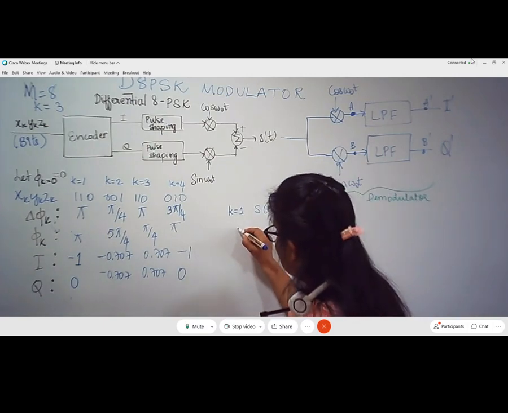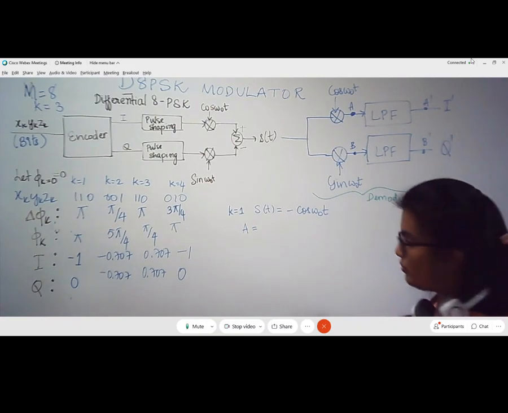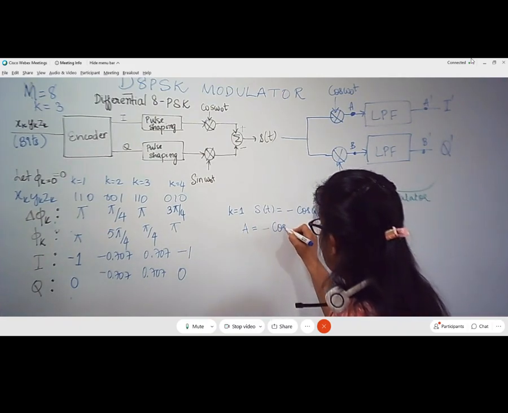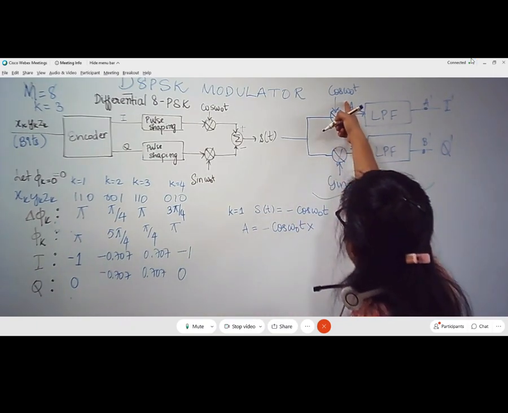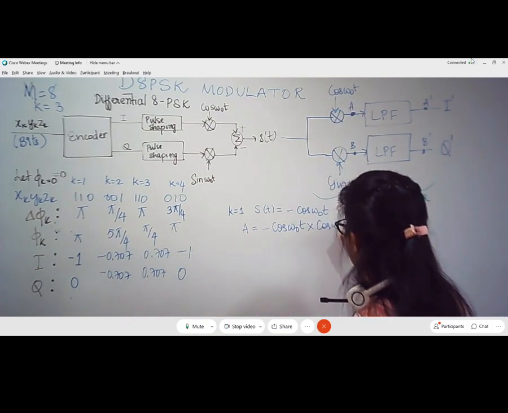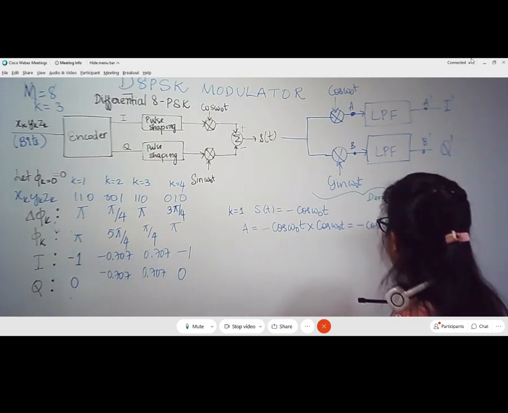So on the demodulator side, what will happen? At the point A, you will get an output which is the multiplication of minus cos omega naught t, that is S of t, with cos omega naught t, which is nothing but minus cos square omega naught t.